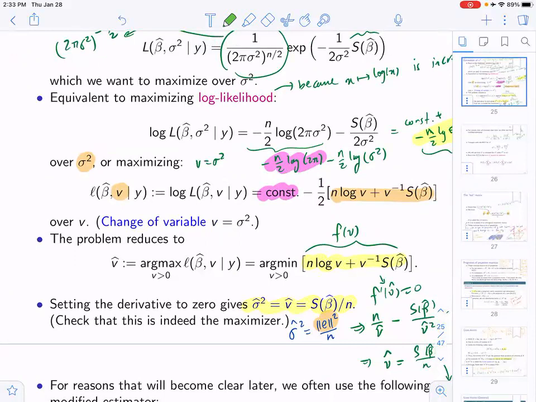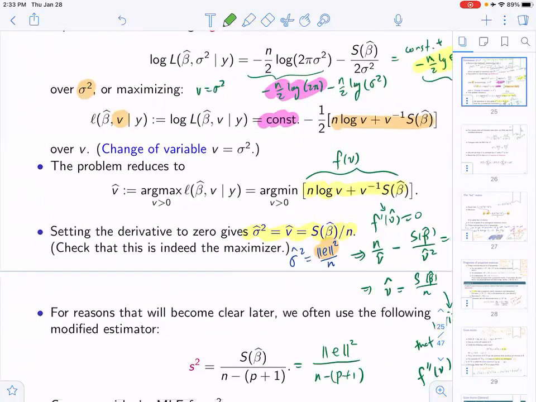So what I wanted to say is that the end result is that your estimate of sigma squared is going to be this residual sum of squares divided by n. So that's the maximum likelihood estimator of sigma squared, which comes out of maximizing the likelihood.